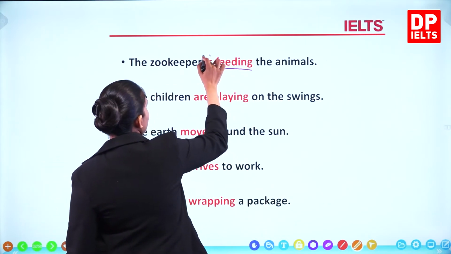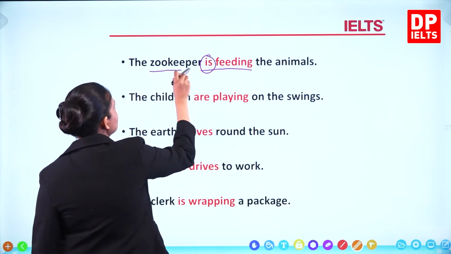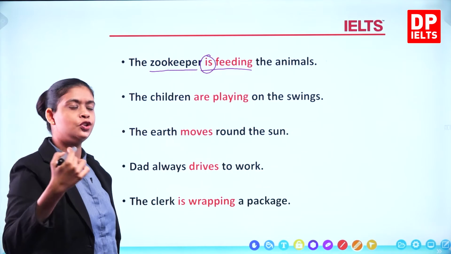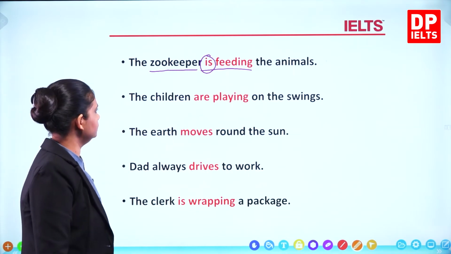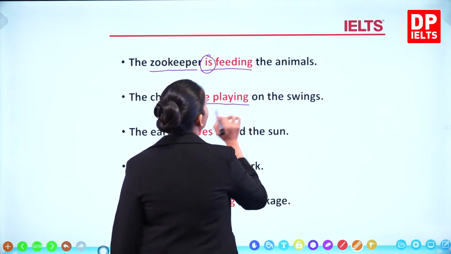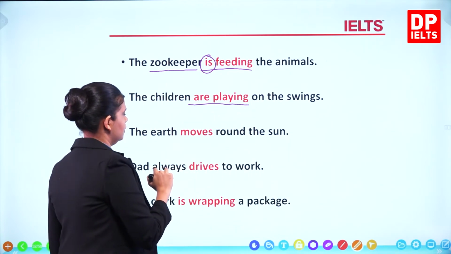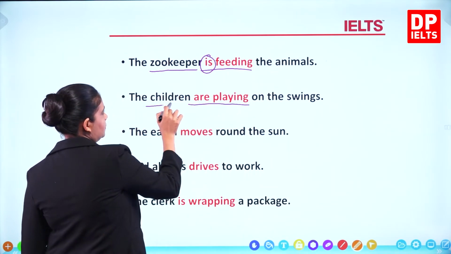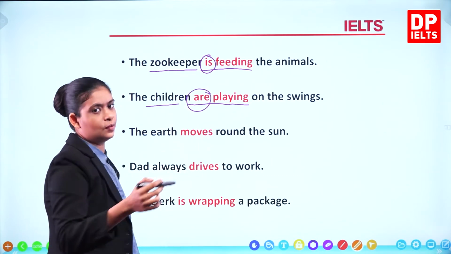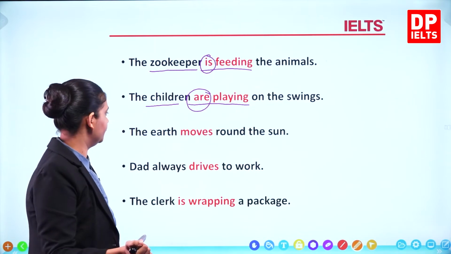So you can see "is" because singular. This is a present continuous tense. The children are playing on the swing. Children is plural. Therefore, we use the word are.